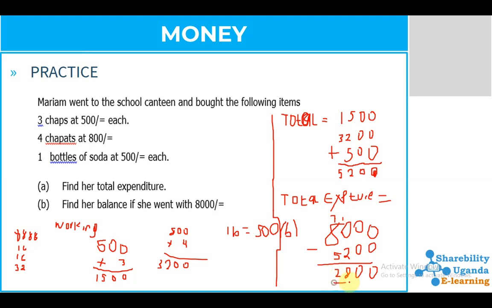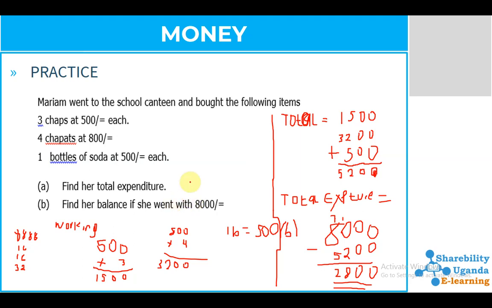That means she was able to remain with 2,800.